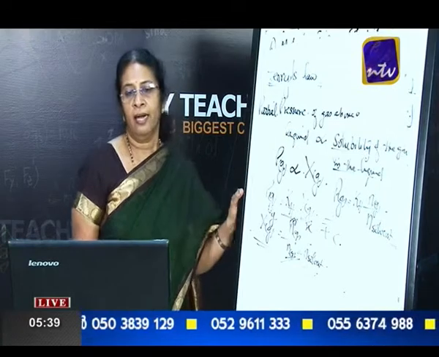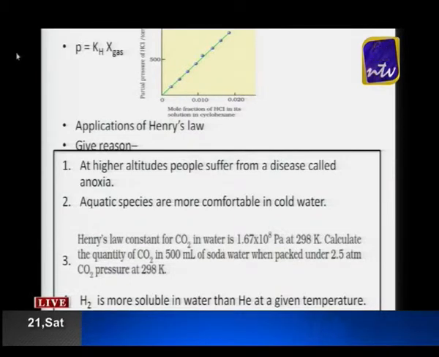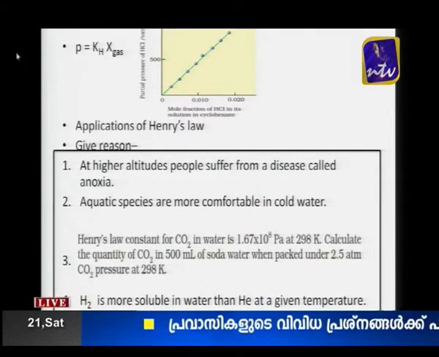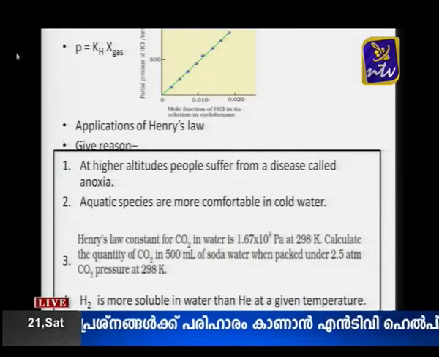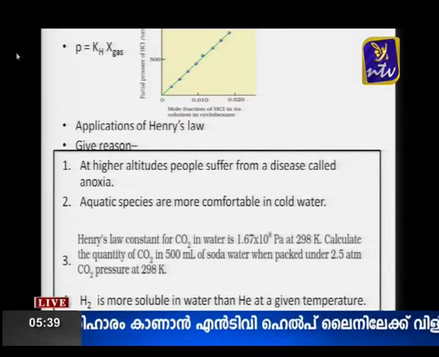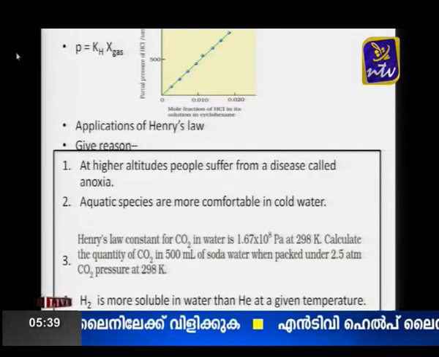Now, let us see the question. Give reason: at higher altitude, people suffer from a disease called anoxia. What do you mean by anoxia? Breathlessness, incapable of thinking properly, such things are known as anoxia. What is the reason for this? This is because at higher altitude, partial pressure of oxygen is less. So, the amount of oxygen dissolved in the blood will be less.